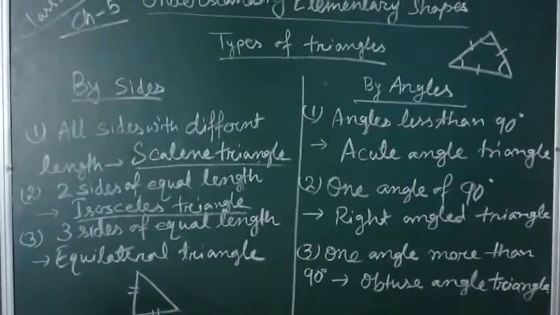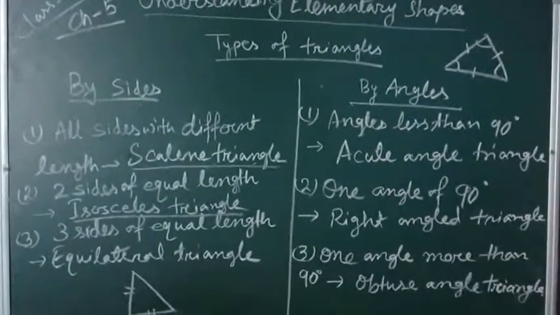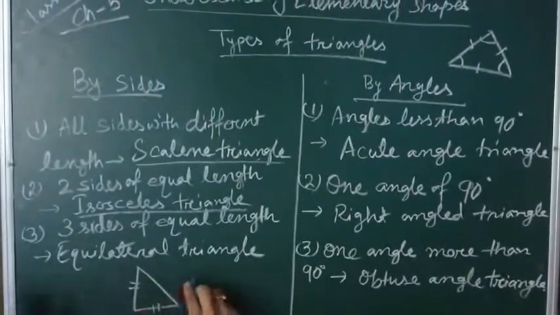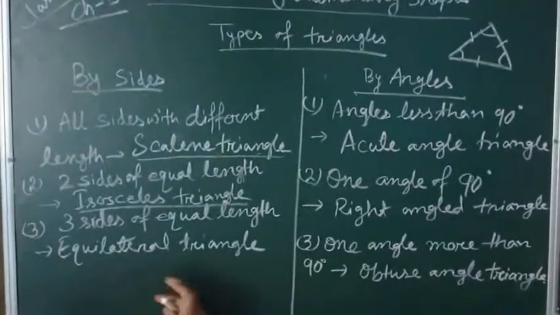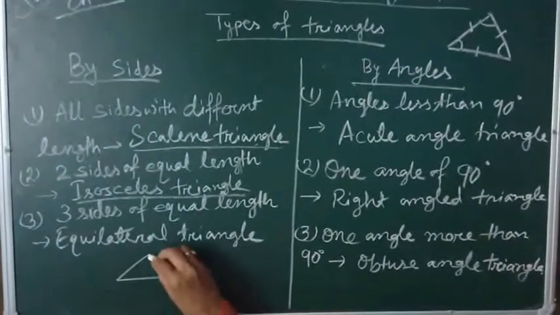Now one more is left. Three unequal we have done, two equal we have done. So the third type will be when all three sides are equal. Let PQR be a triangle where all three sides are equal.